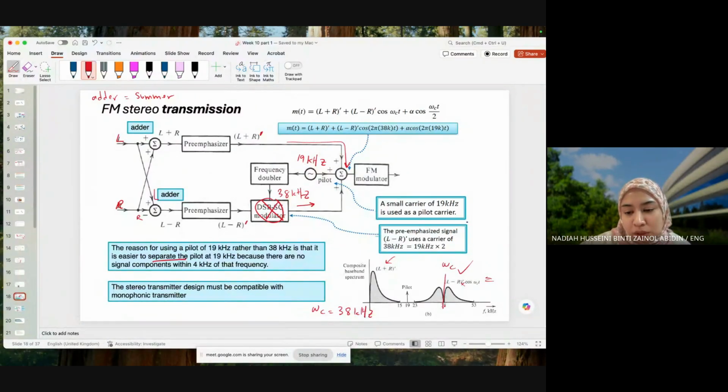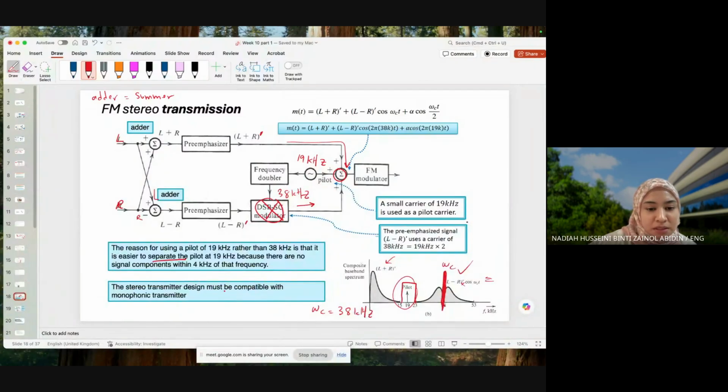Now, if we want to separate it later in the receiver, having the frequency over here is quite hard because it's sandwiched between two signals, right? And the pilot is like, hey, I'm alone here, so it's easy to construct a bandpass filter here, extract it out later. So that's why we stick with the pilot of 19 kilohertz rather than using 38 kilohertz and adding it here. Okay, so that's the reason.